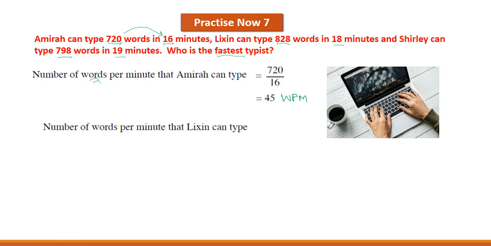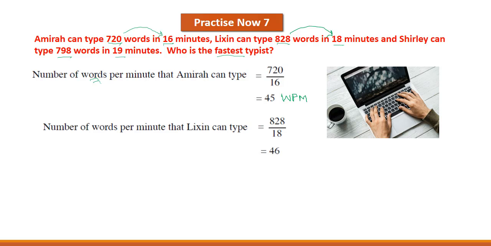Then the number of words per minute that Lexan can type. Lexan can type 828 words in 18 minutes. So we will divide 828 by 18. We calculate it and the answer will be 46 words per minute for Lexan.